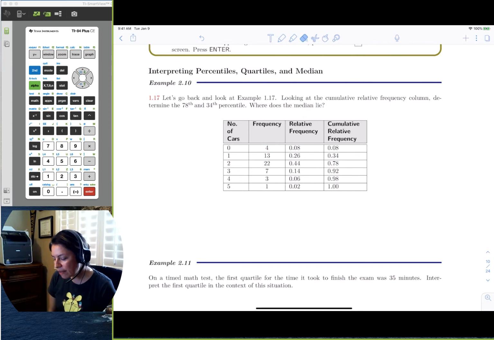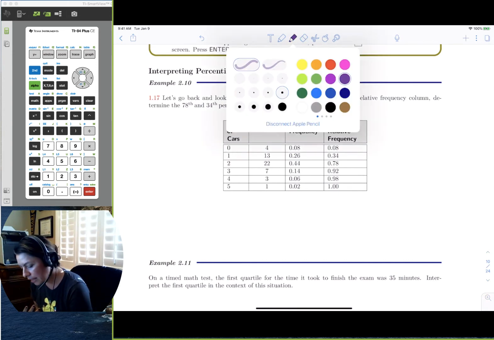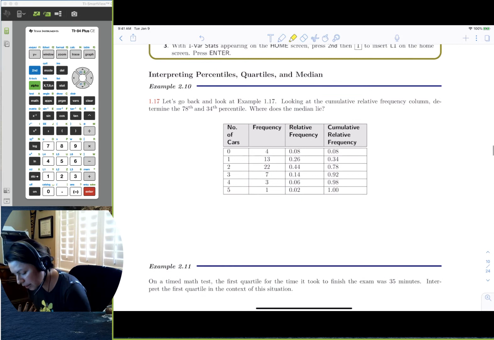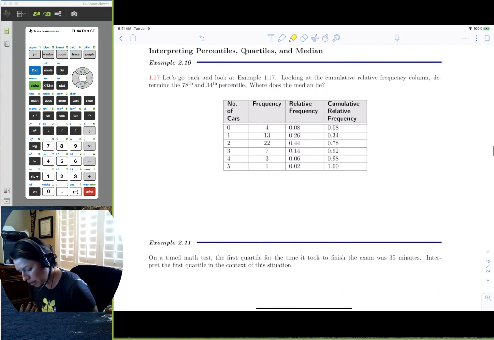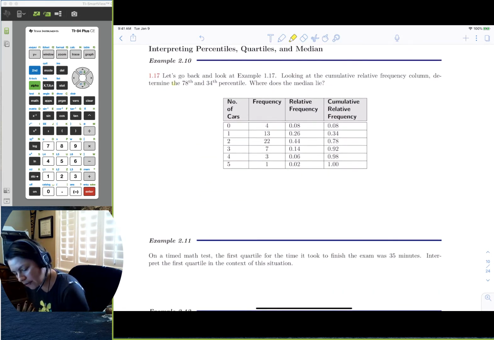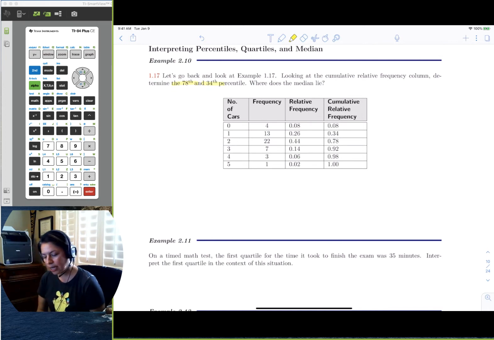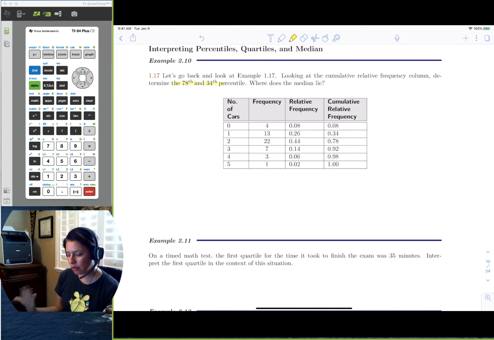And so the percentiles can be related to cumulative relative frequency. In fact, these are exactly the percentiles. Whatever the cumulative relative frequency is at that data point is actually the percentile. So what is the 78th and 34th percentile of the number of cars that households own?